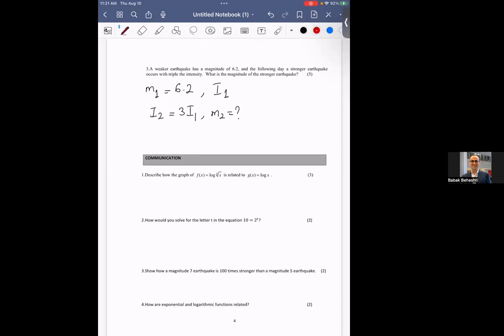So remember the formula that M2 minus M1 is equal to log of I2 over I1. You can use the same thing, I mean, you're just switching 1 and 2.